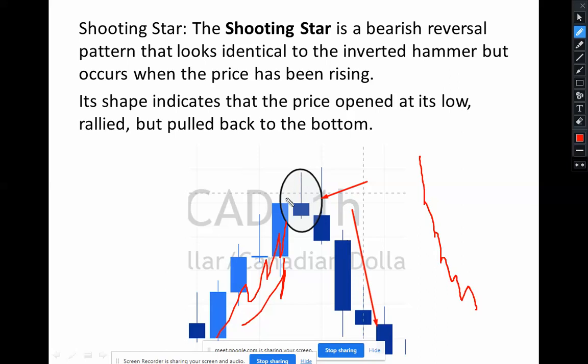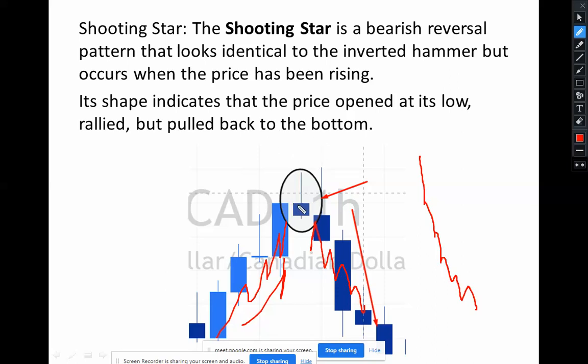Immediately this shooting star candle forms, the sellers start selling the market. Its shape indicates that the price opened at its low, rallied, but pulled back to the bottom.